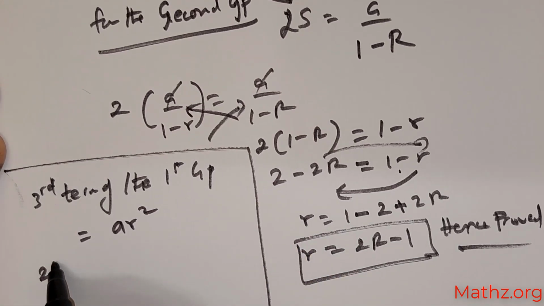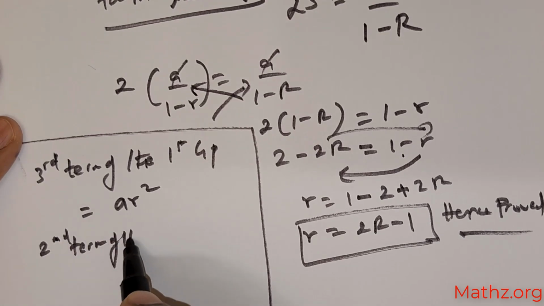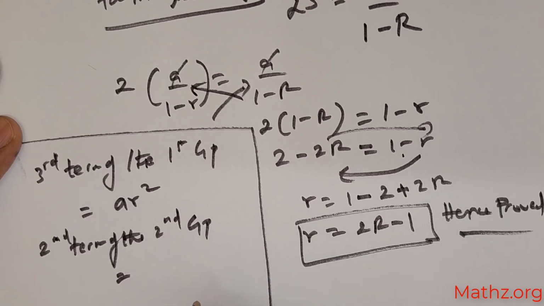Now we are also given that the second term of the second GP is going to be a times capital R. Now these two are equal.